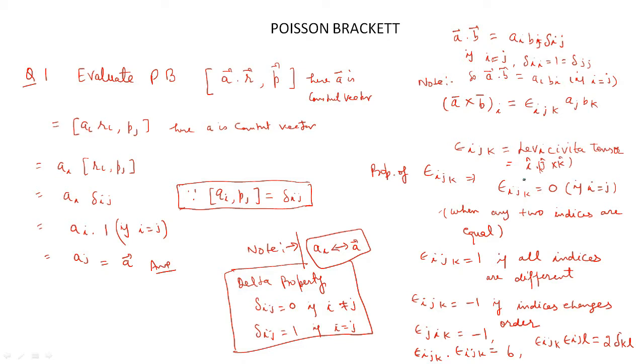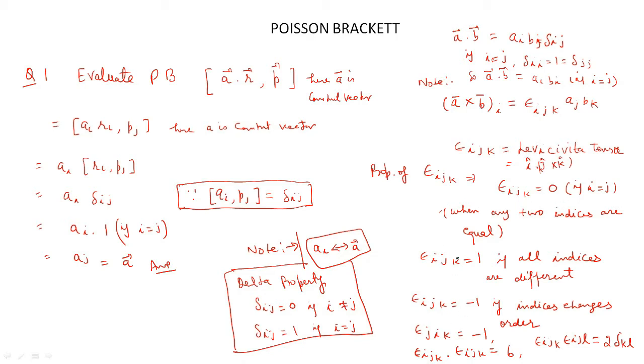And you know that if the two unit vectors are equal, then the scalar triple product value is equal to 0. Similarly here in Levi-Civita tensor, if the two indices are same, then its value will be equal to 0.